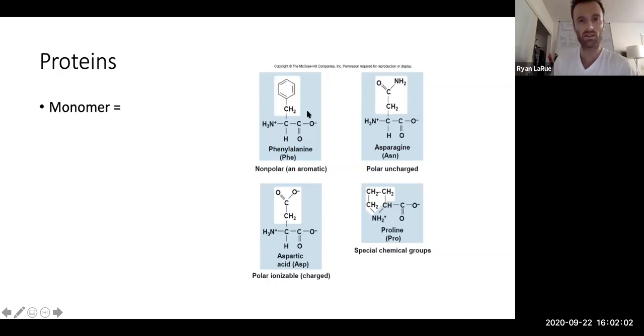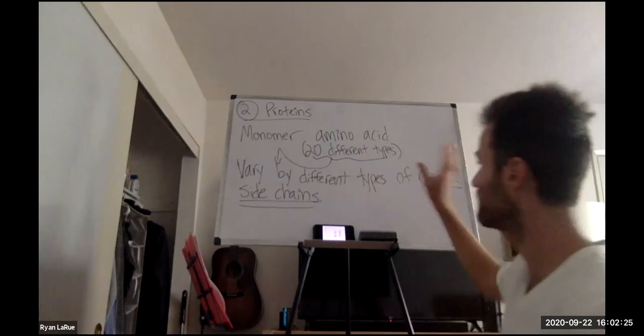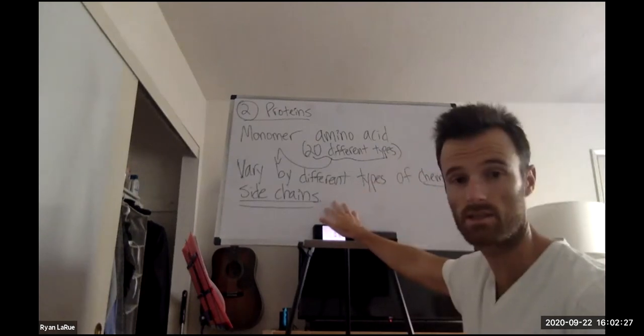So that's going to affect the structure of the protein. What kind of bonds are involved might affect the shape. And that's very important. Like I said, biology is this interconnection between shape and structure. They're one and the same. But for our purposes, I just want you to know that the difference is those side chains.